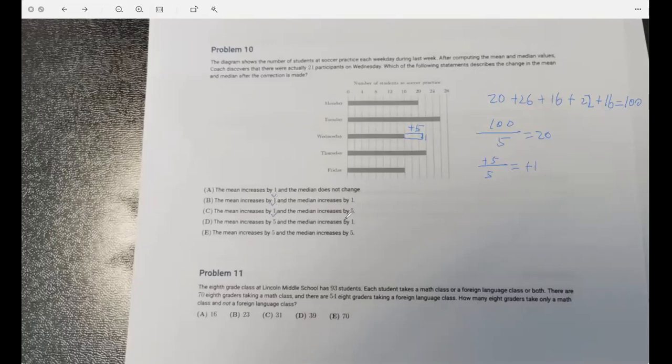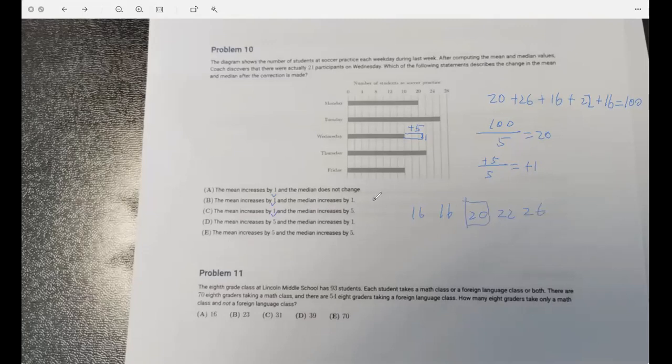How about the median? In this graph, the median should equal, I just arrange from the smallest to the largest: Friday is 16, and the other is 16, and 20, 22, and 26.